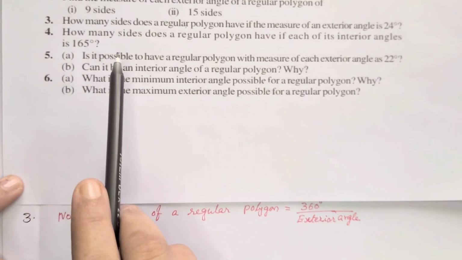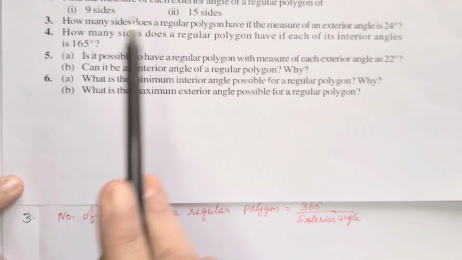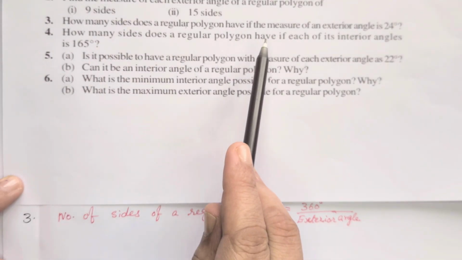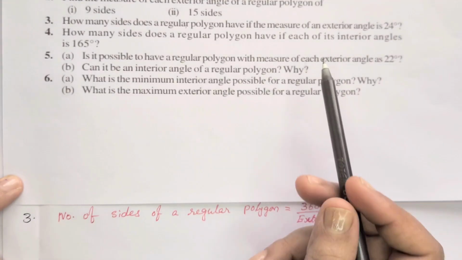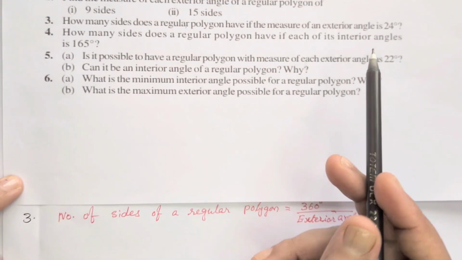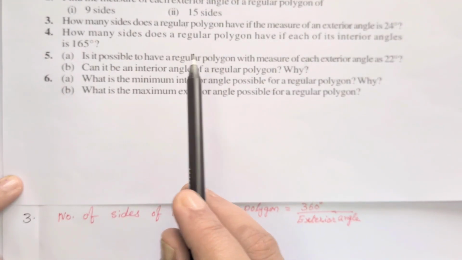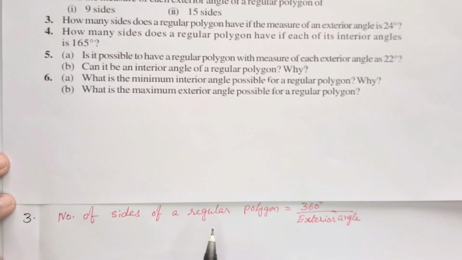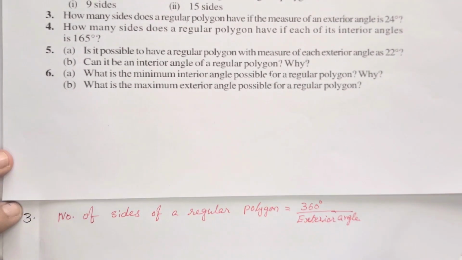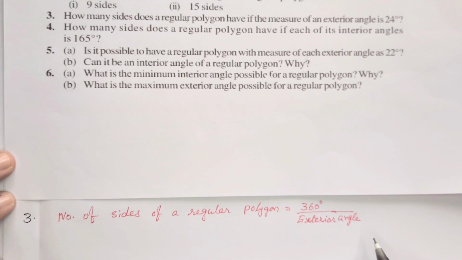Third question, how many sides does a regular polygon have if the measure of an exterior angle is 24 degrees? If the exterior angle is 24 degrees, then how many sides does that regular polygon have? Now, the number of sides of a regular polygon is equal to 360 divided by the exterior angle.